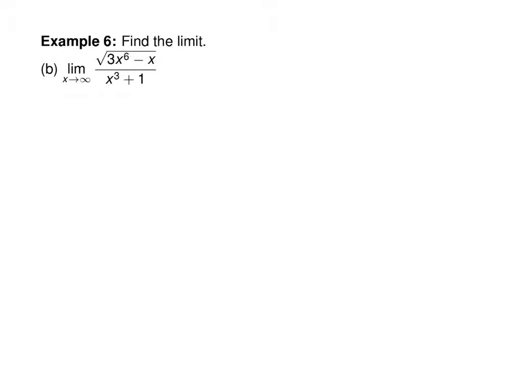So multiply by what in the denominator? And also the same thing in the numerator. The denominator is the easy part. That's going to be 1 plus 1 over x cubed.